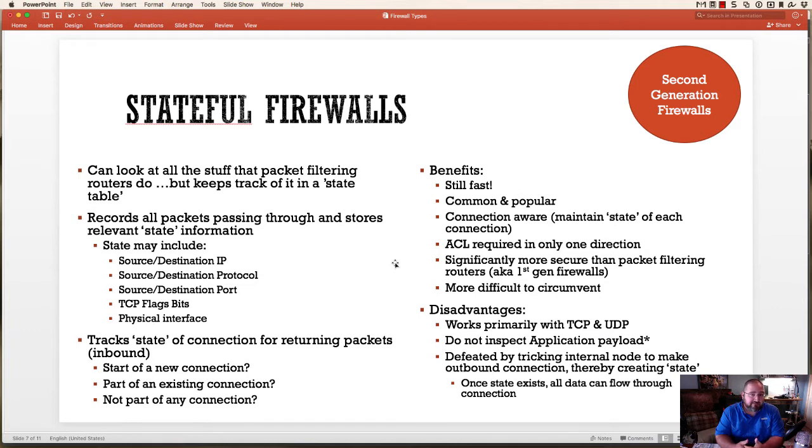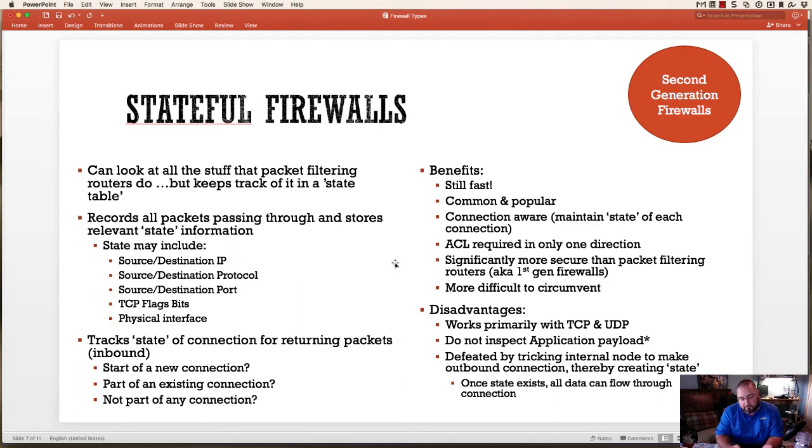One of their big disadvantages is that stateful firewalls as a concept don't examine any application layer related information. There is no deeper packet inspection that takes place. They simply go in and look at source and destination IP, source and destination port and protocol, make a decision on that, create an entry in the state table, off it goes, and therefore the responding packets are allowed to come back in. Unsolicited inbound connection attempts are not allowed to come back in.